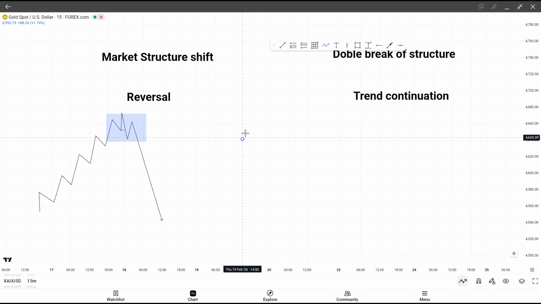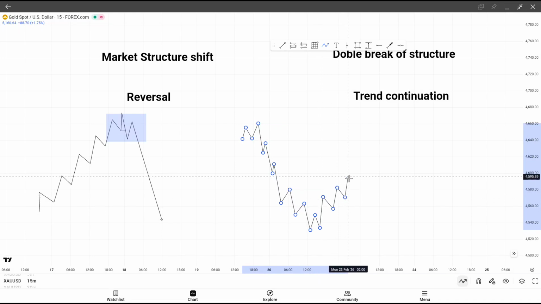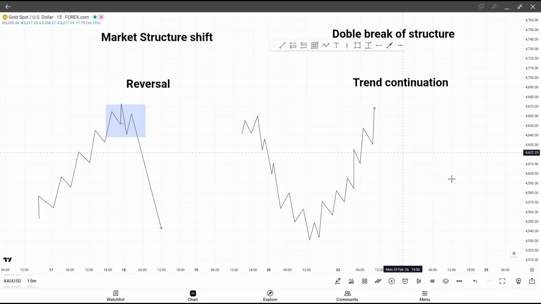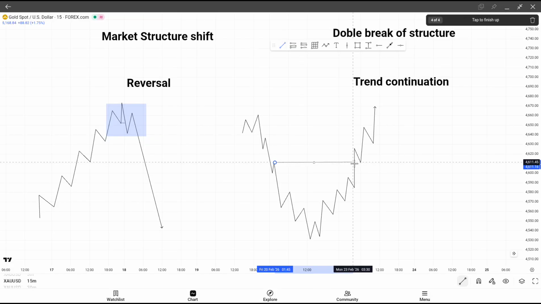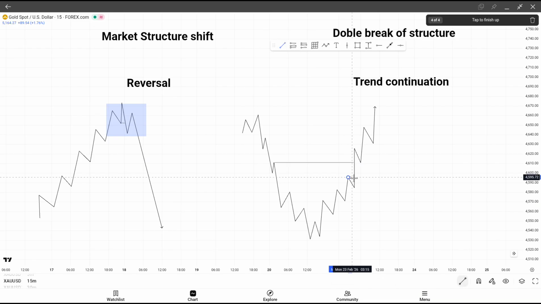Okay, but double break of structure, we use it for market continuation. Let's say this is a bearish market, and we are getting double break of structures. All right, so let's say this is a double break of structure. Double break of structure, we use it for continuation of the trend.